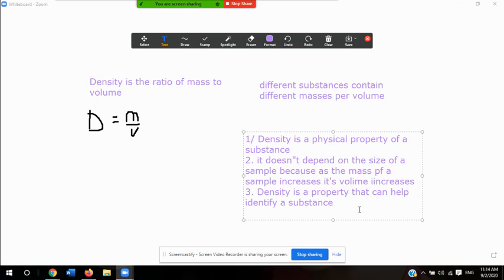Okay, so now we're going to talk about the mathematical aspect of density. Again, density is a physical property of a substance.